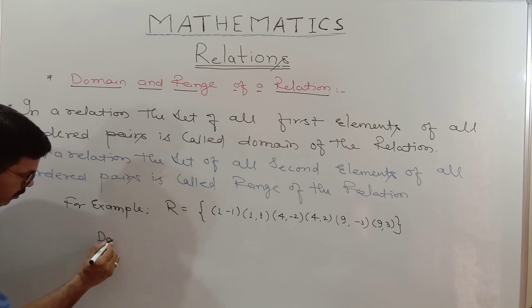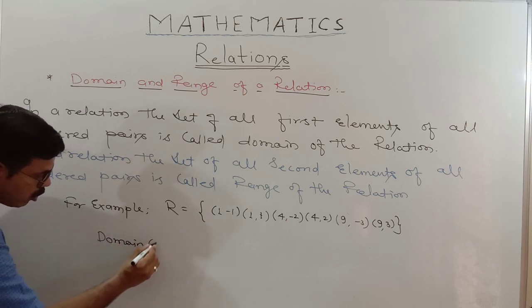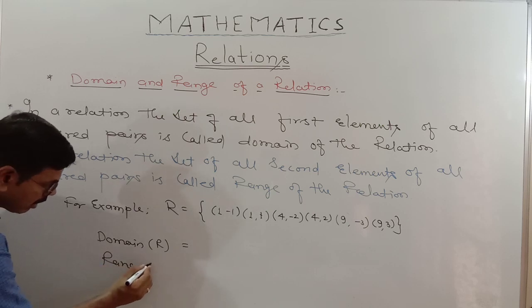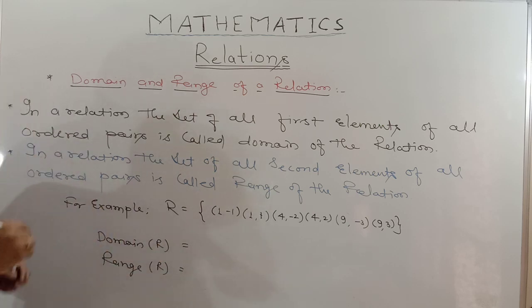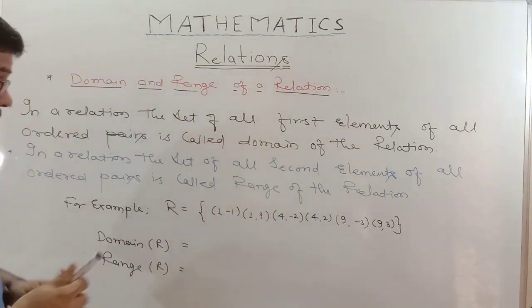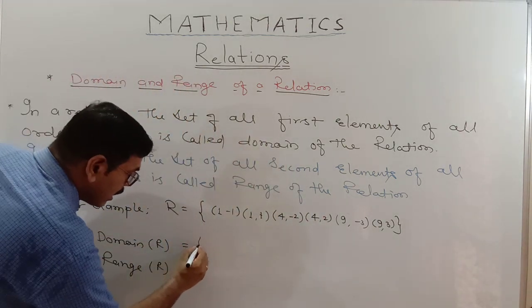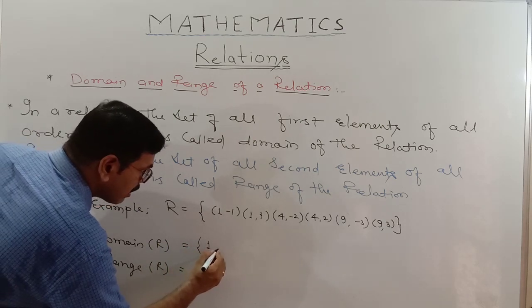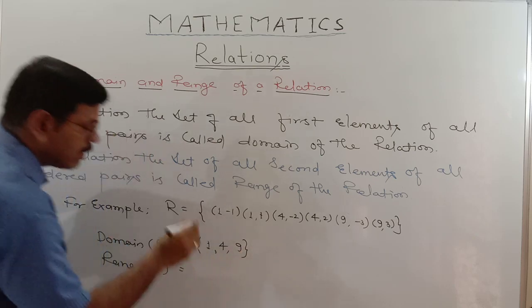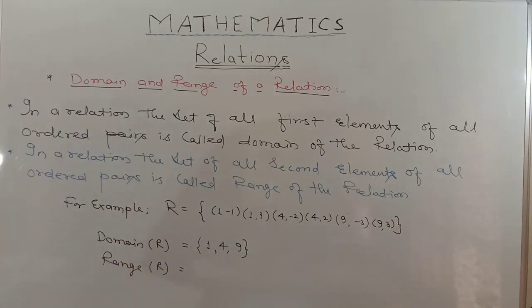So, domain of R and range of R. As per the definition we have written, the set of all first elements of that relation is 1, 4, and 9. This is the domain of the relation.